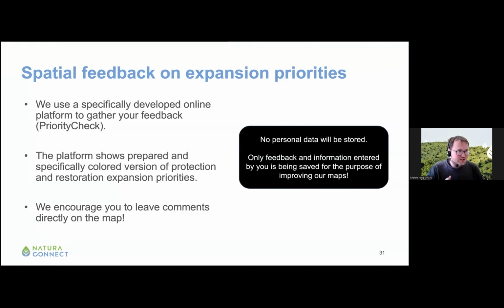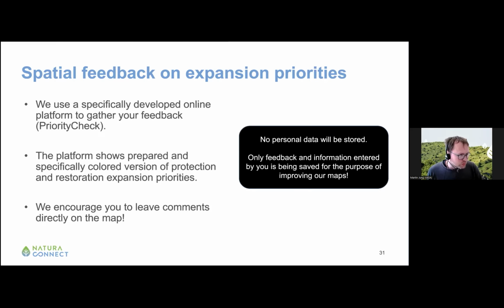So we just asked you about the overall feedback that you might have, but we also want to get it directly on the maps. For this purpose, we have developed an online platform to gather your feedback, which you can access directly in the browser on your computer. So there is no installation or anything like that.